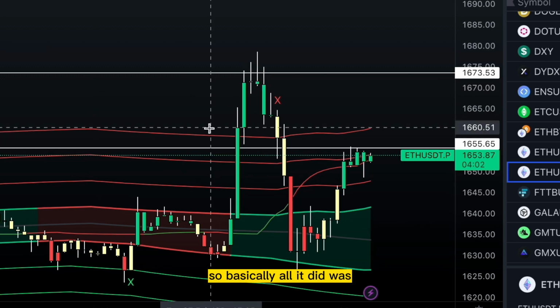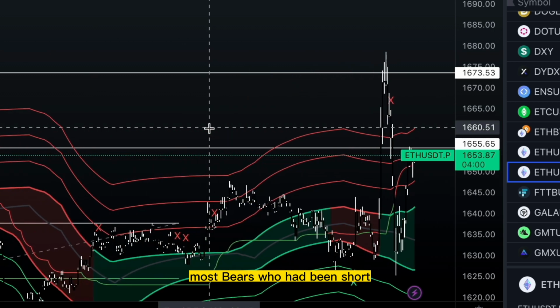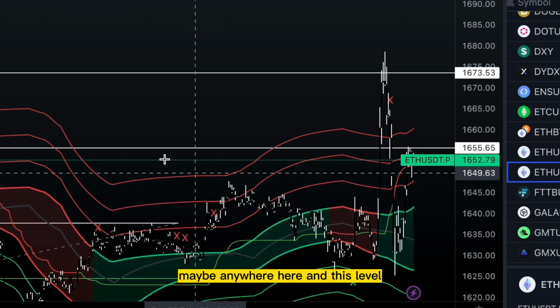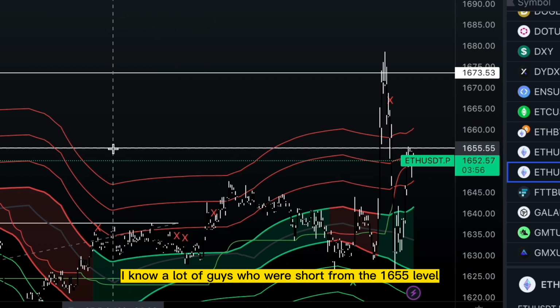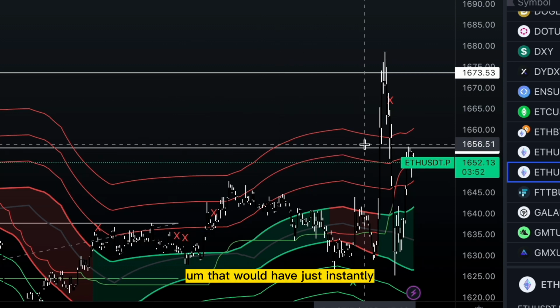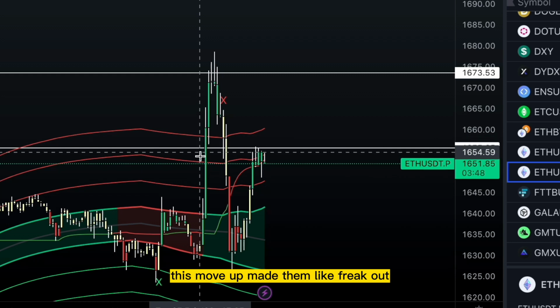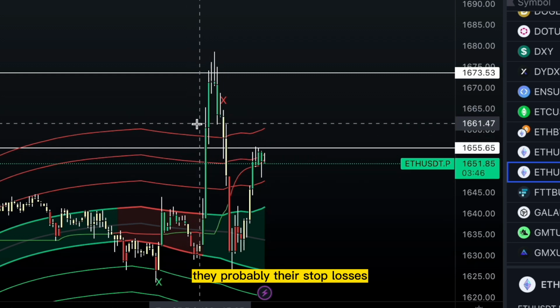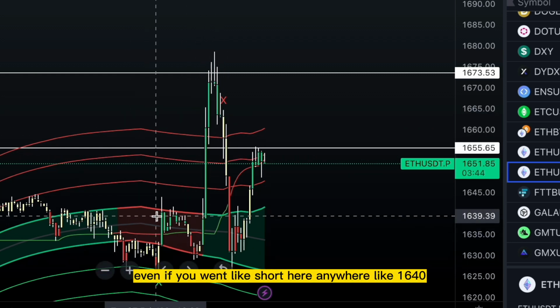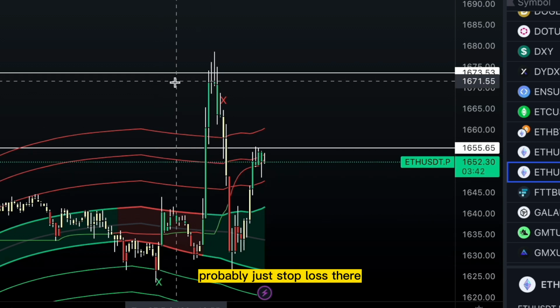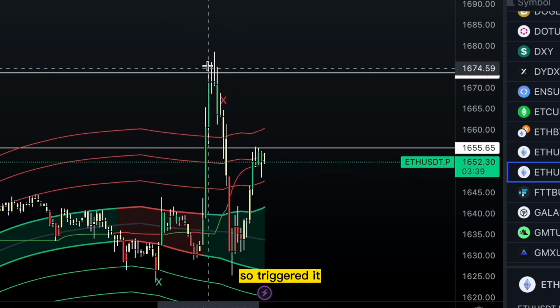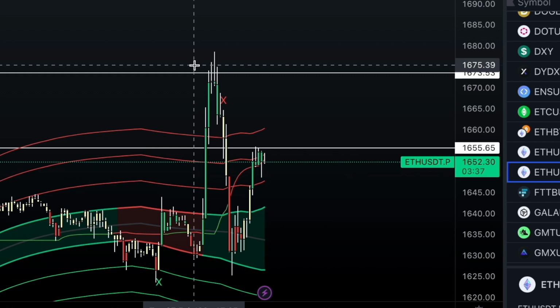Basically, most bears who had been short anywhere around this level, I know a lot of guys who were short from the 1655 level, this move up would have made them freak out. They probably had their stop losses above that high. Even if you went short anywhere, like 1640, you probably had your stop loss there. So it triggered it and sent it higher.